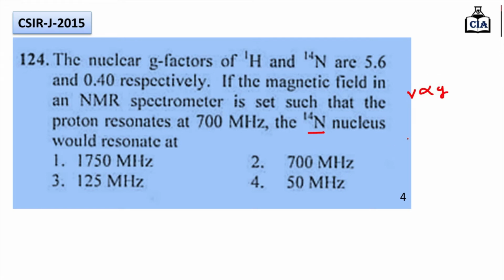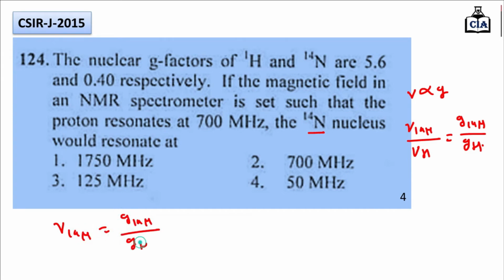If we derive this formula for the frequency of 14N, it is as follows: g factor of 14N divided by g factor of proton. Just rearrange this equation to get the frequency of 14N equal to g factor of 14N divided by g factor of proton, into frequency of proton.